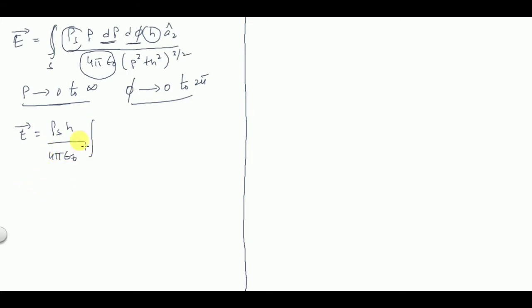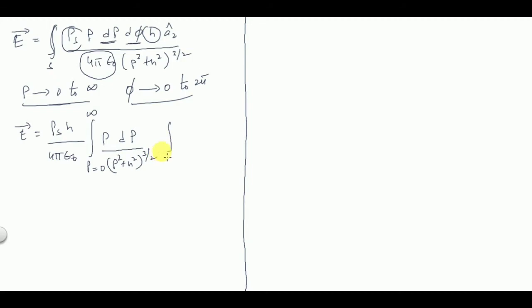So integration is with respect to rho, so rho is equal to 0 to infinity, rho d rho divided by rho square plus H square whole to the power of 3 by 2, right?